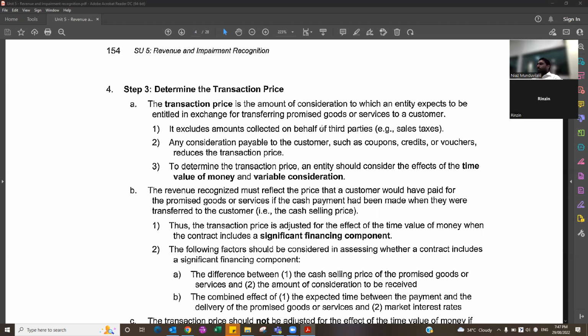Okay, for example, 1,000 dirhams is this sale you are going to do. So what will be the journal entry? How much is the VAT? Tell me the complete journal entry with the amounts. Cash account debited to how much? 1,050, right?